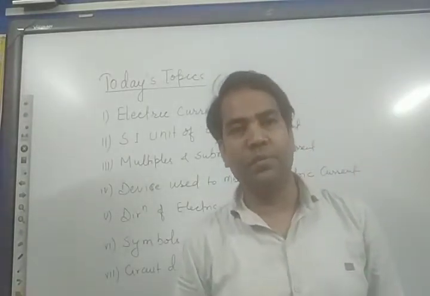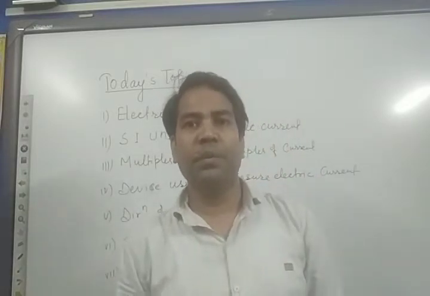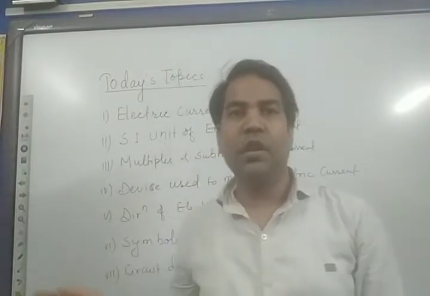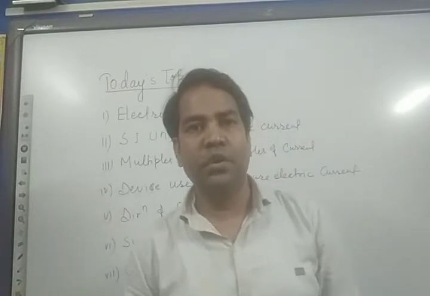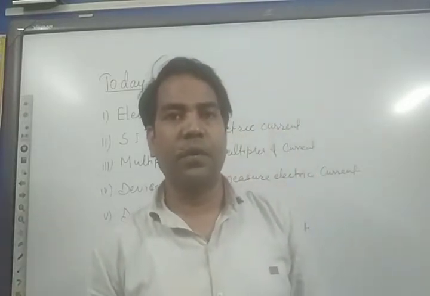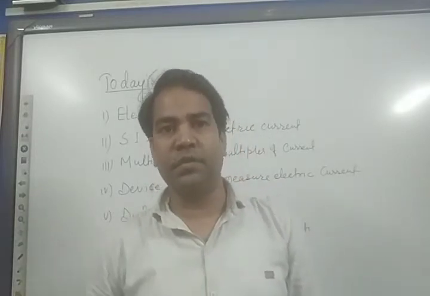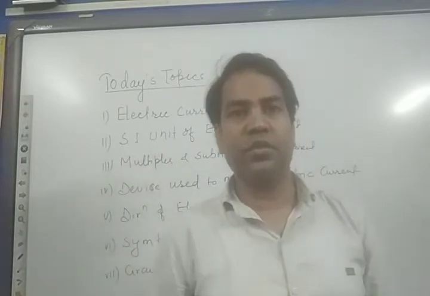So we will see each topic one by one. But before going to all these things, we will solve two numericals which are based on potential difference. So let's see first of all two numericals, then after we will start these topics.